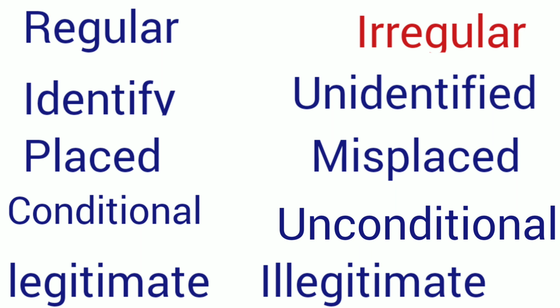So you can see that we have the IR for regular, we have the UN for identified, we have the MIS for placed, we have the UN for conditional, and we have the IL for legitimate. So you can see how this prefix has changed these words from their original form to the opposite of the words. I hope you understand it better now.